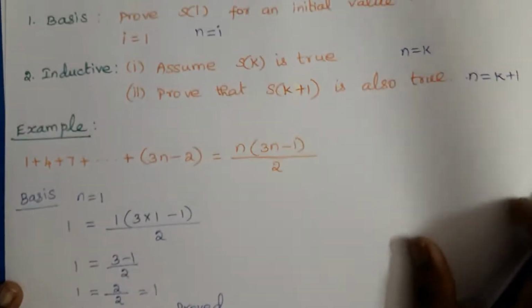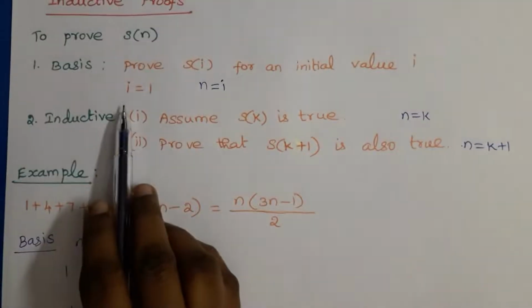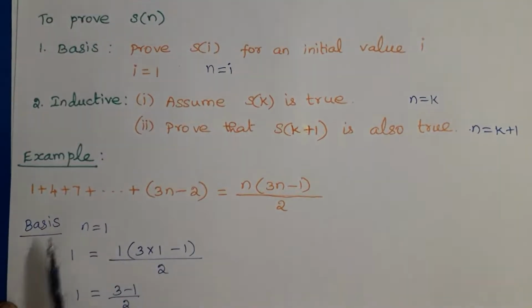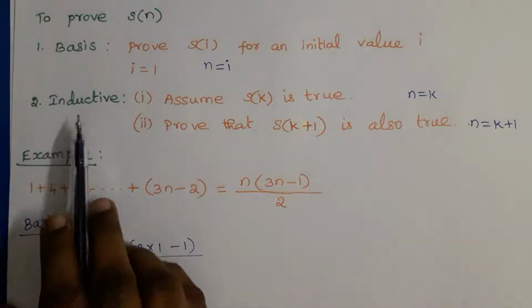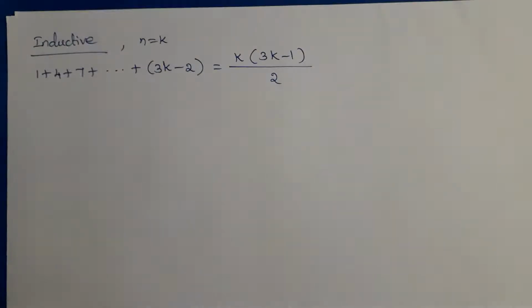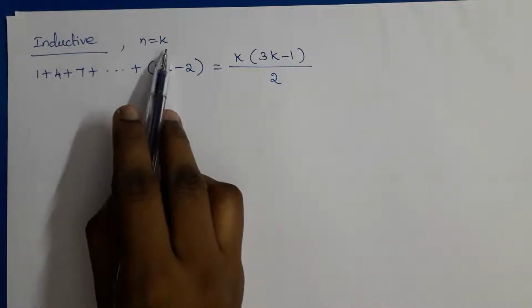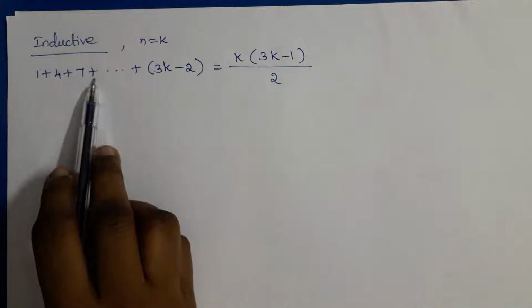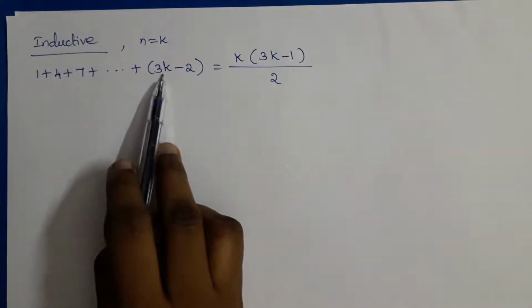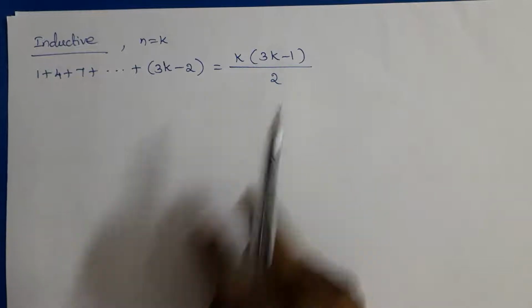Now to prove the base condition, we have taken I value as 1 and we have proved the basis condition for this equation. Now we need to prove the inductive step. In the inductive step, we have to consider n is equal to k. So the equation becomes 1 plus 4 plus 7 plus dot dot dot plus 3k minus 2 is equal to k times 3k minus 1 divided by 2.